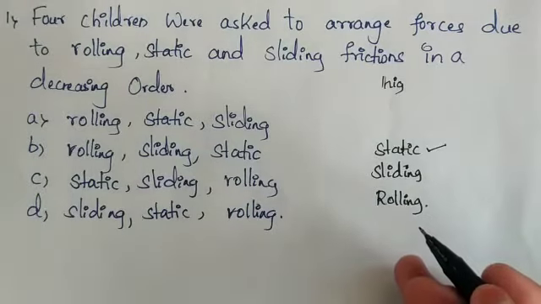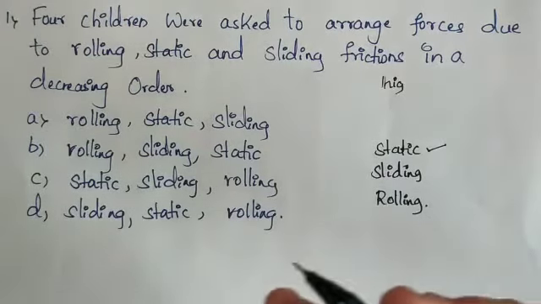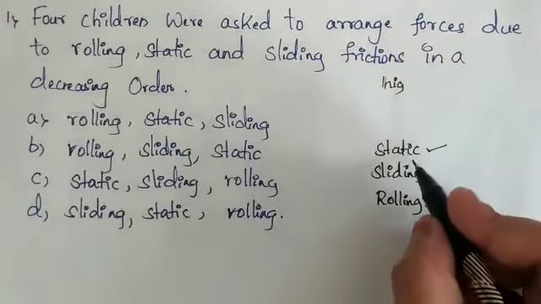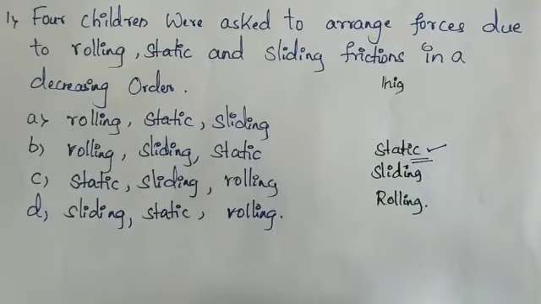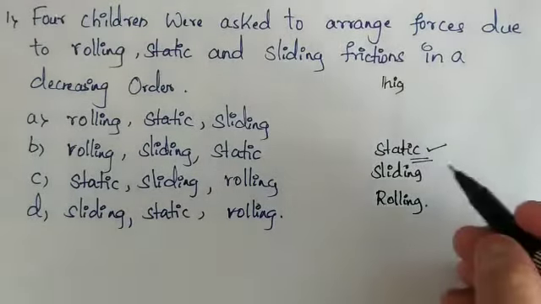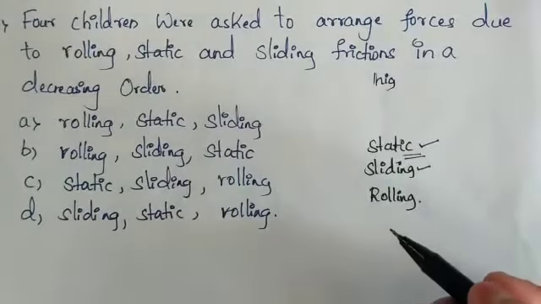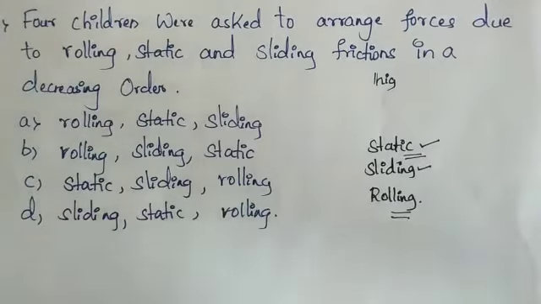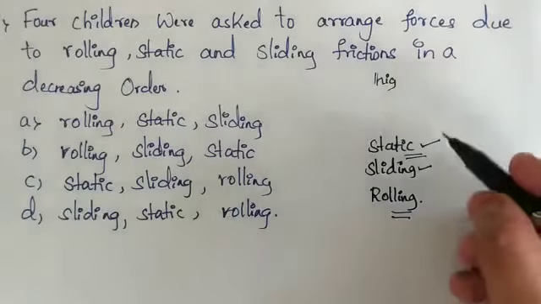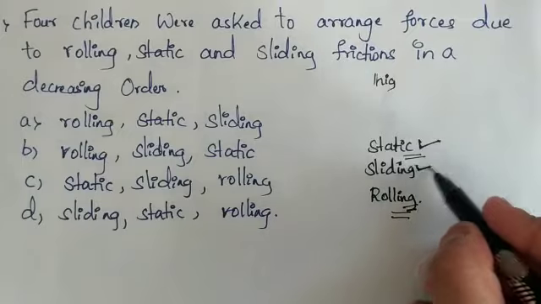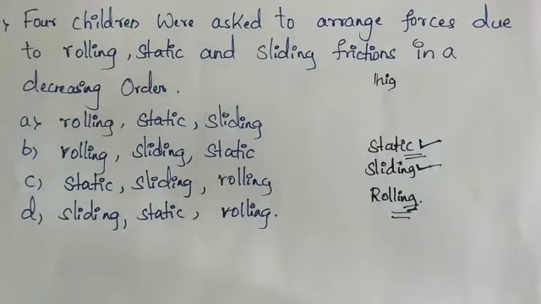Because the interlocking between any two surfaces in the case of static friction is more compared to sliding friction, and in the case of sliding friction the interlocking is more compared to rolling friction. So static friction has the highest force of friction, and sliding friction has more than rolling friction.